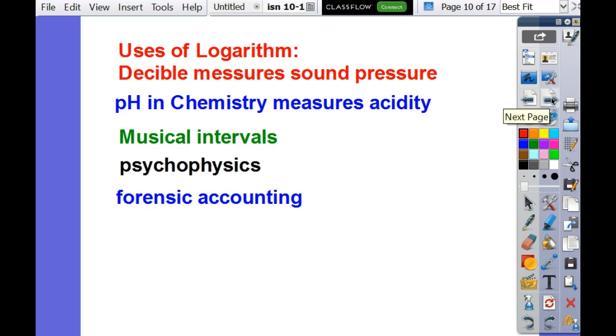Accounting, do you know what accounting is? Accounting is where you keep books in a business, how much money you get in and how much money you pay out, how much you have and how much you owe. Well, what would forensic accounting be? When I have heard this term, it's used when people embezzle money.